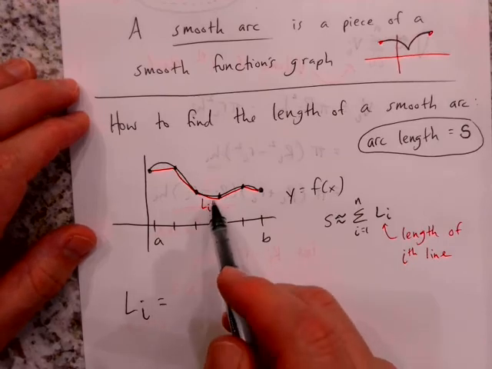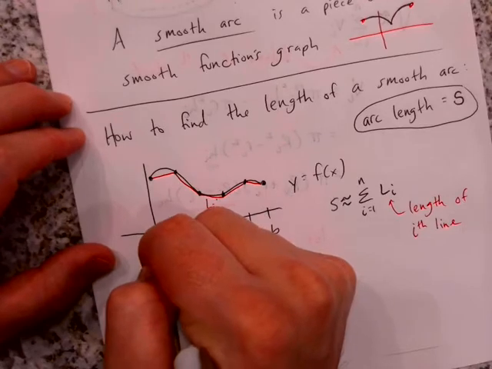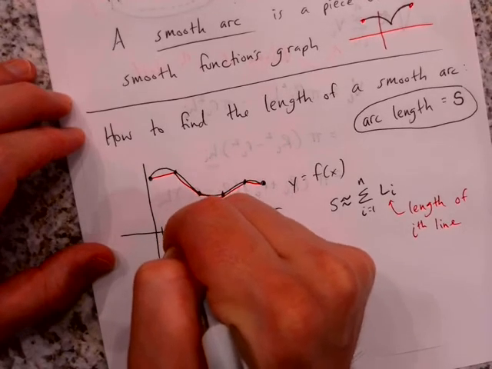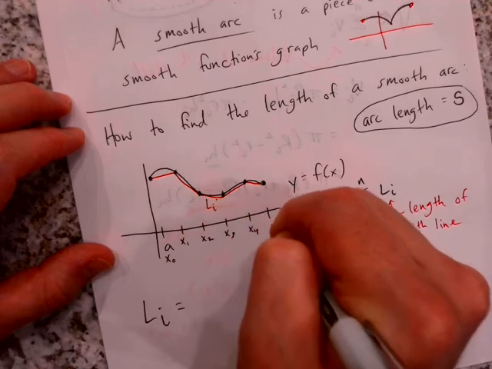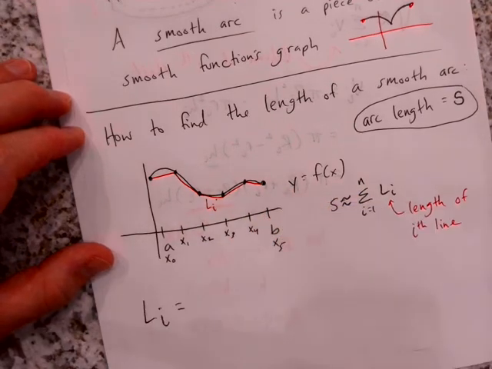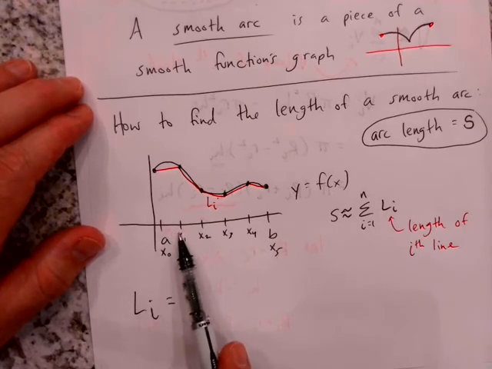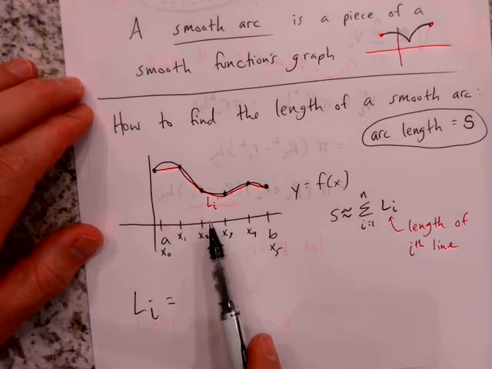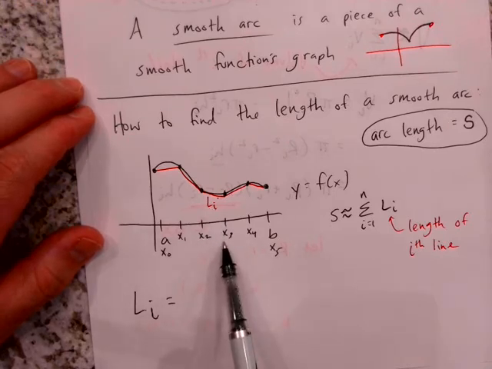Now this is the third line segment, 1, 2, 3. If I break up my subintervals based on x's, A is x sub 0, then x sub 1, x sub 2, x sub 3. The third line segment goes from x2 to x3.